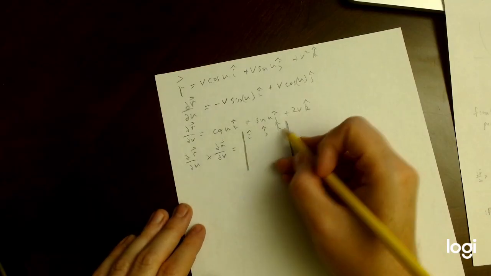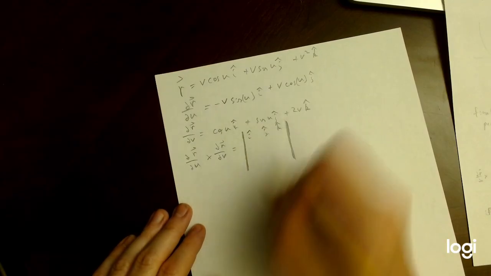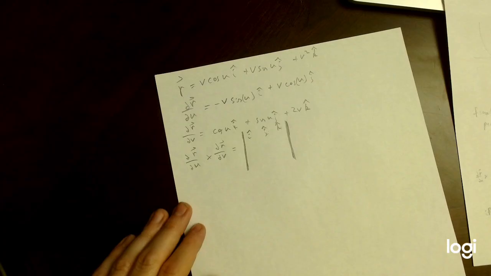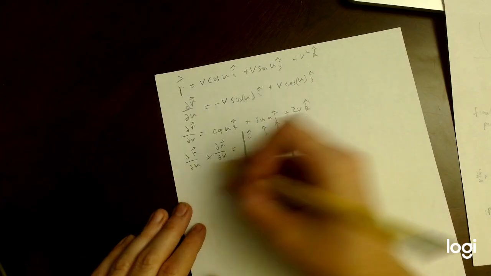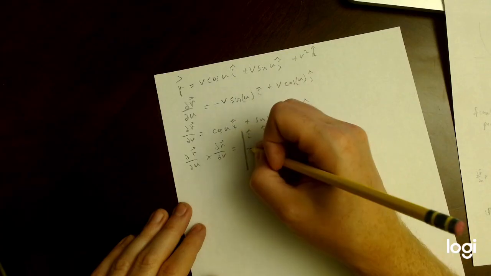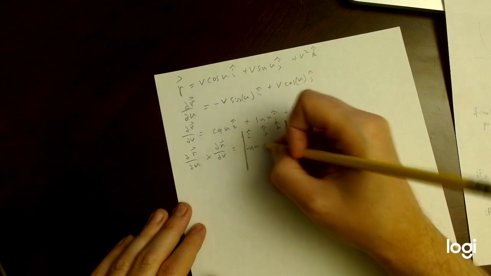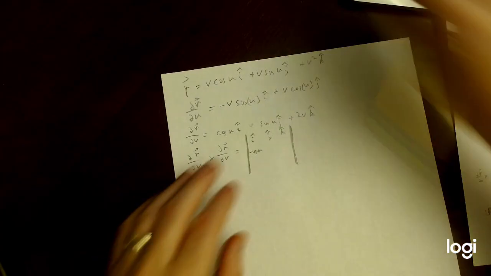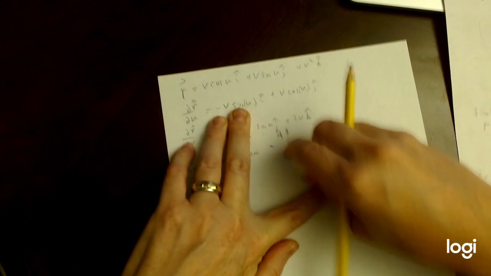But you put the i hat, j hat, k hat unit vectors up here. Then we put the components of the first vector in the second row. So the first one will be minus v sine u. I should have given myself some more space to write this all out. So let me do that.